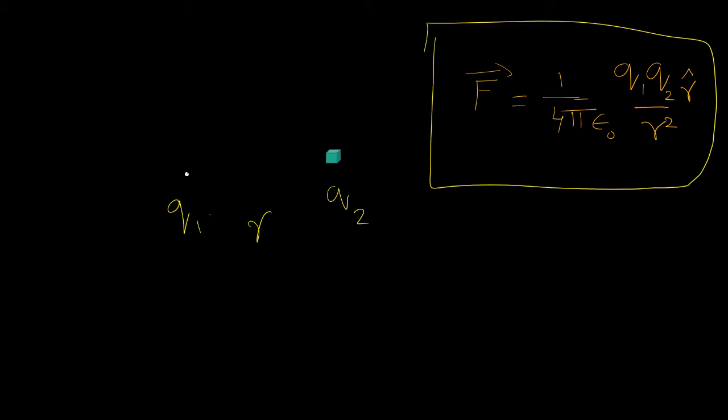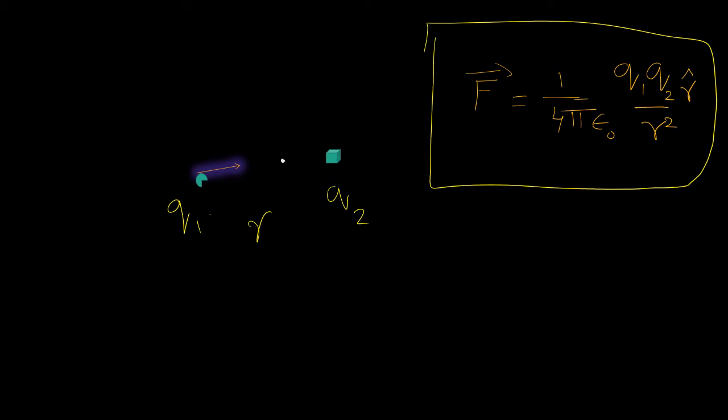Now if they are of opposite charges, then q1 will be attracted towards q2. Now the question is whether this charge responded directly to q2 or whether it responded to something that is produced by q2 at this point.